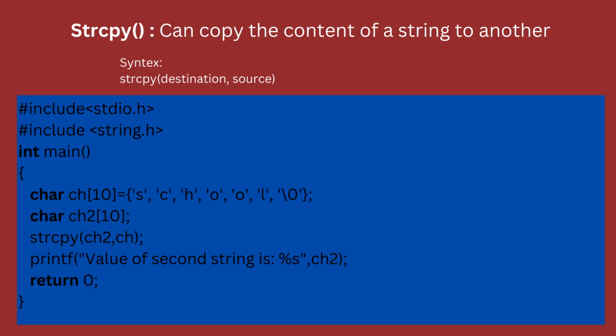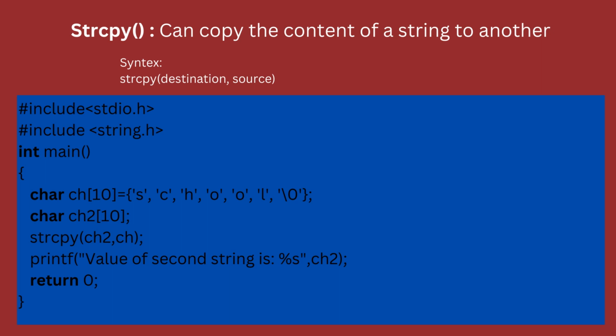If we are not using strcpy, we need to run a looping statement. So rather than using a looping statement, we use strcpy for easy use, and the code will be reduced.